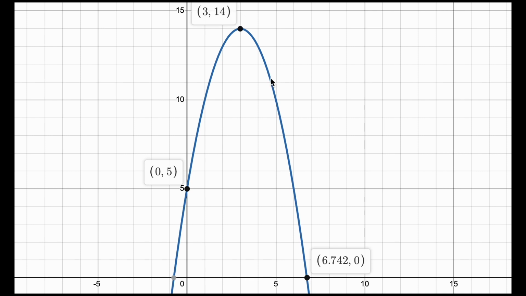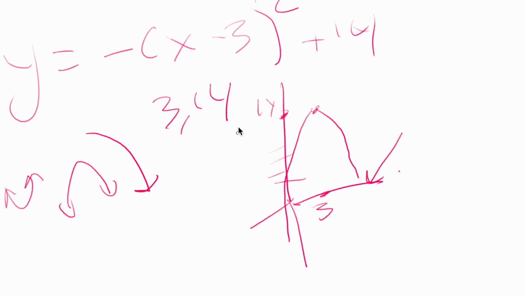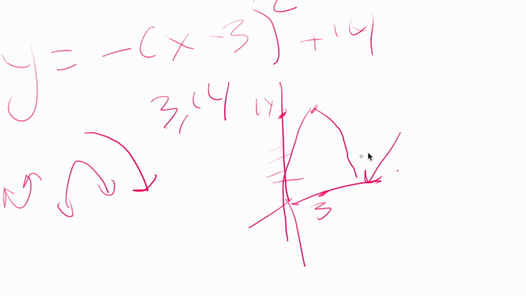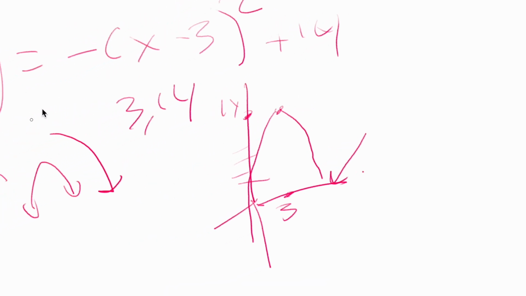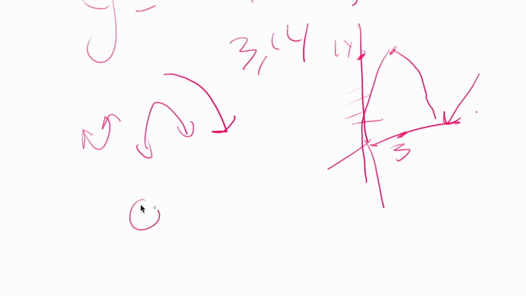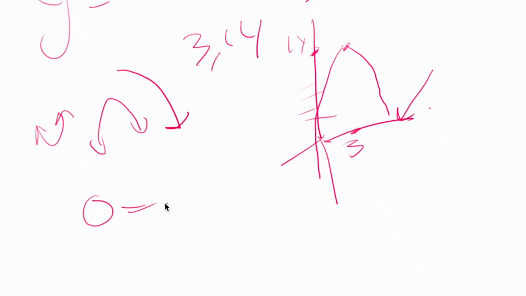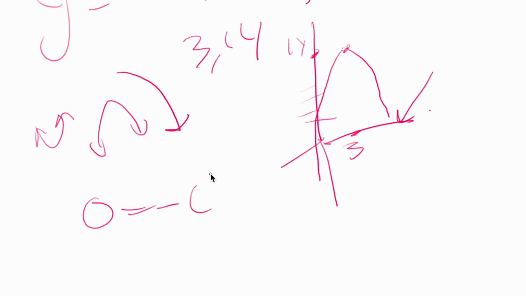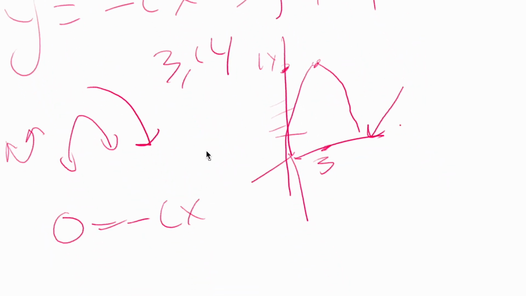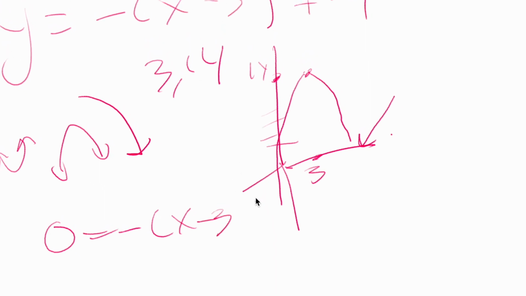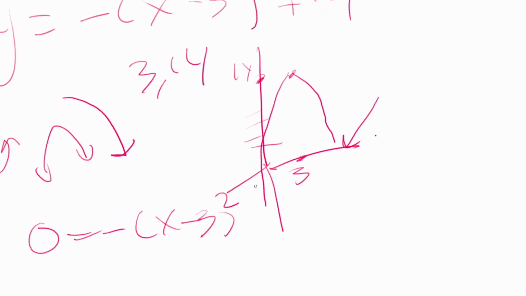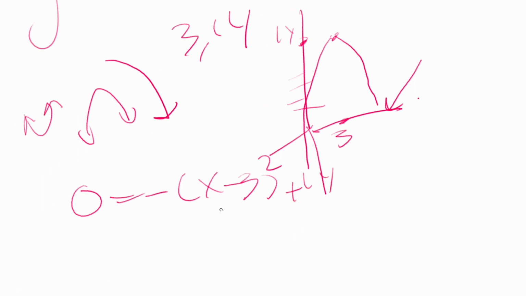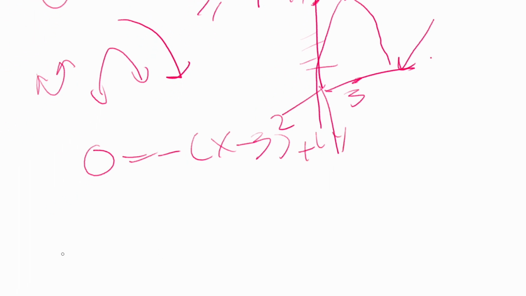So all he's got to do is quickly solve this in his mental math right now, and then he's got to solve for 0. So we just gotta say, hey, our boy Y right here is actually 0. So 0 equals x minus 3 squared plus 14. Then you have plus 14 equals negative.